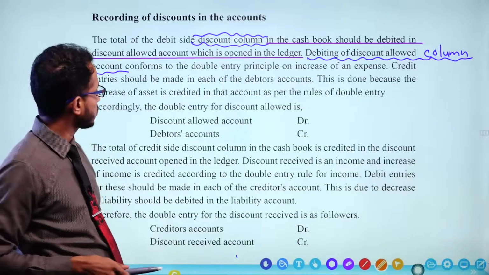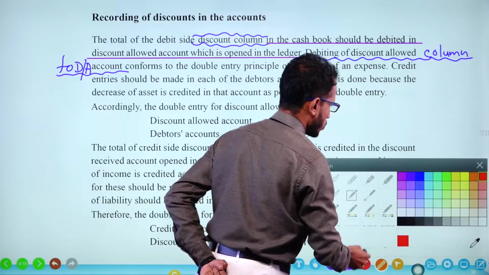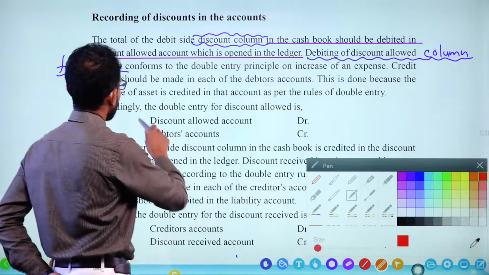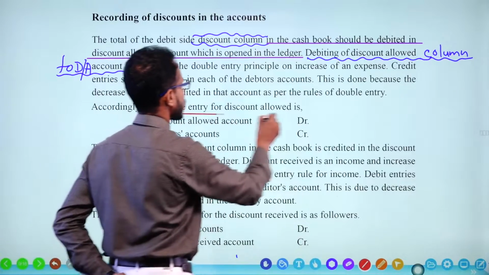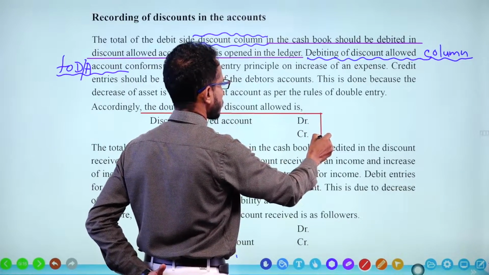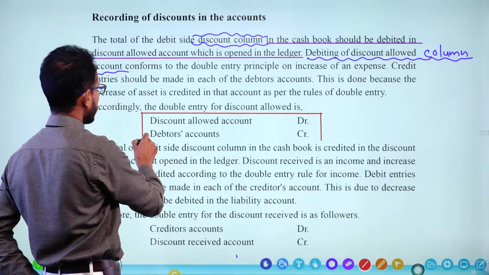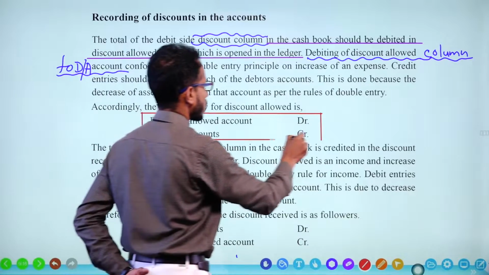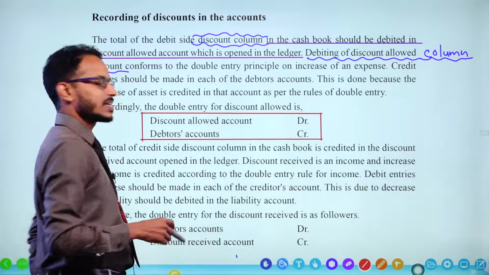Okay, right. This is the double entry. Here you go. Discounts allowed account debit, debtors accounts credit. That is the double entry.